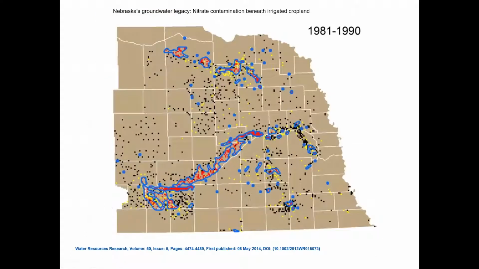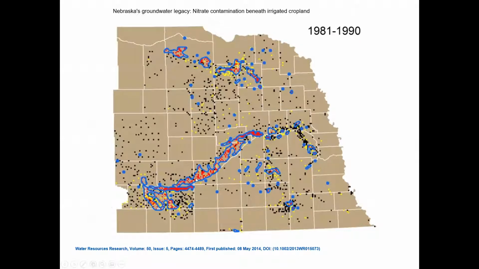All right, so what does that amount to? We're going to flip our image and look at groundwater now. This is a paper that was published back in 2014 that looked at the changes in groundwater nitrate. You can see these red areas are the places where we see the highest concentrations of groundwater nitrate. This is from 1980 to 1990.